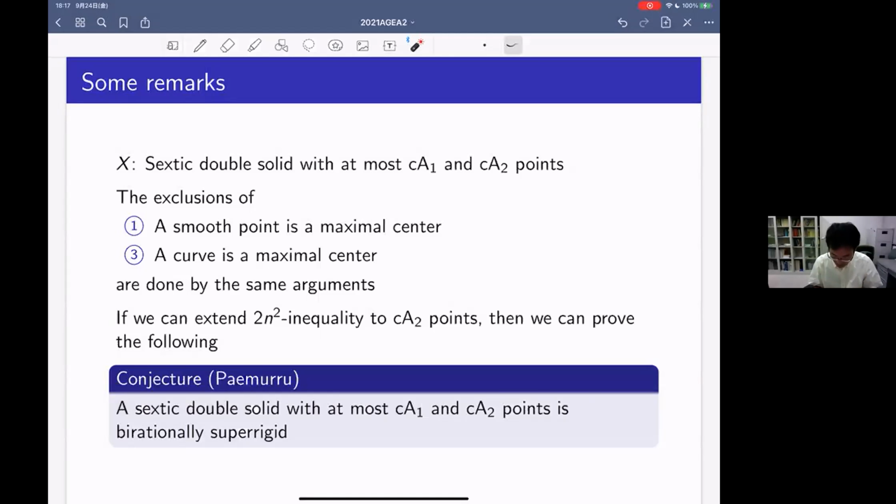But the difficulty is to obtain this kind of inequality for such singularities. Okay, thank you.